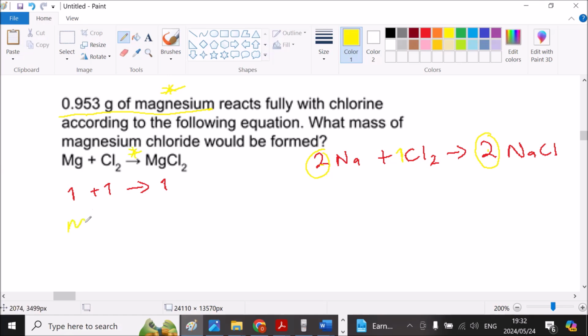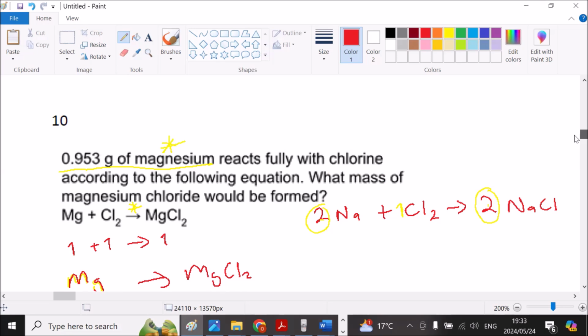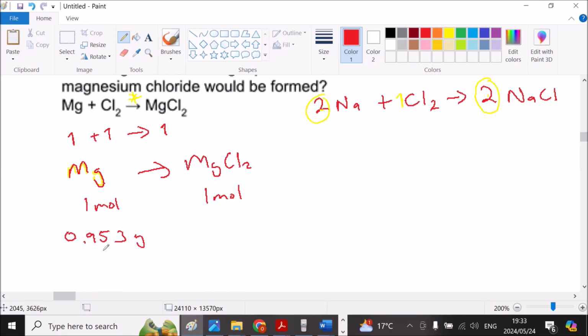For magnesium, we have 1 mole, which will give us 1 mole of magnesium chloride. So first, if we are given 0.953 grams, we have to convert this to moles so that we can compare moles to moles. We can't compare mass to mass. We have to compare moles to moles because the formula compares moles and not masses.